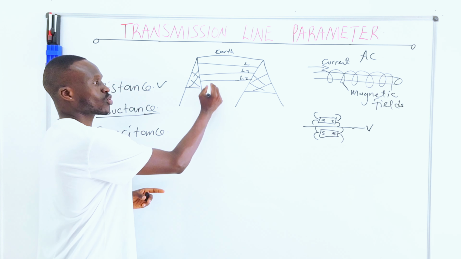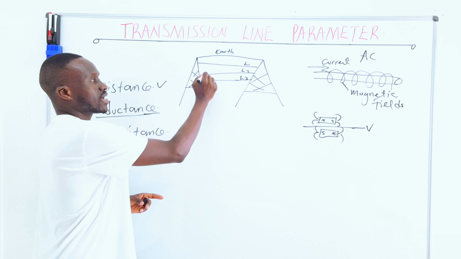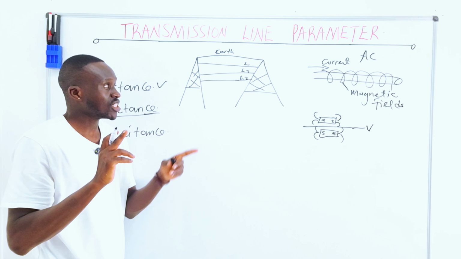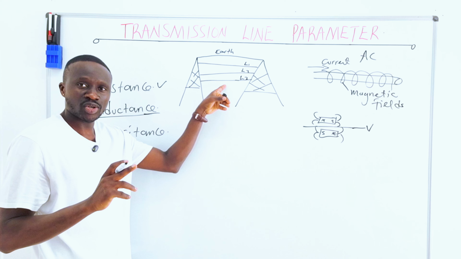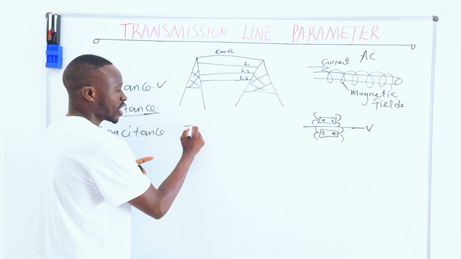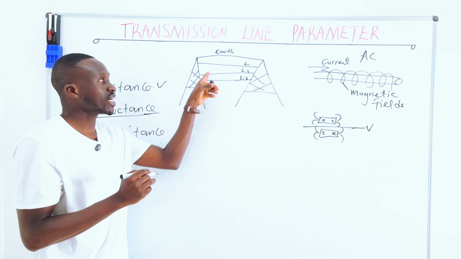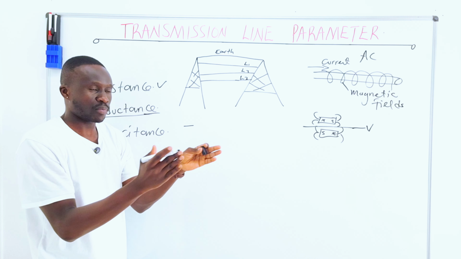And for these conductors which are passing on the pylons, this inductance depends on some factors to be determined on the transmission lines. One of the factors we have is the conductor spacing, live 1 and live 2. How far are they from each other?